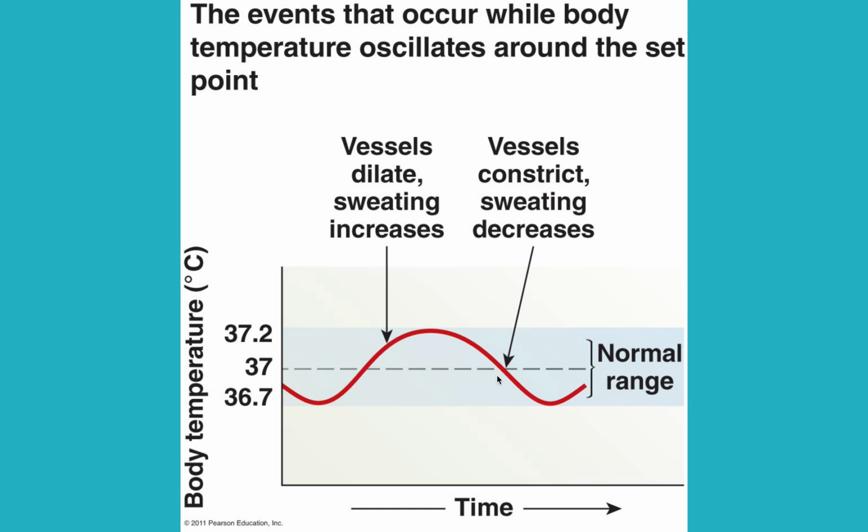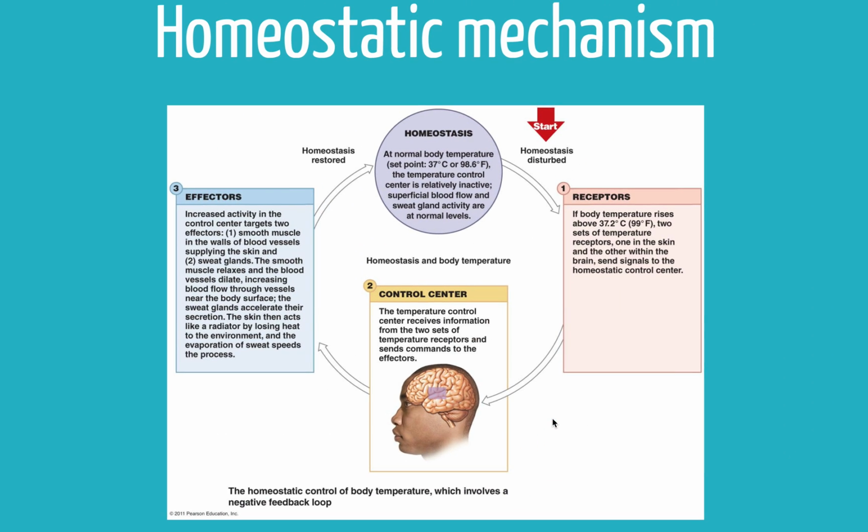As we start to get colder, we'll stop sweating, and our blood vessels will constrict. And we'll talk more about this later on in the semester. But that's an example of a homeostatic control mechanism. And again, here are the 3 components: the receptor, the control center, and then the effector.